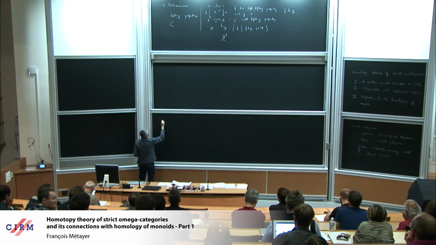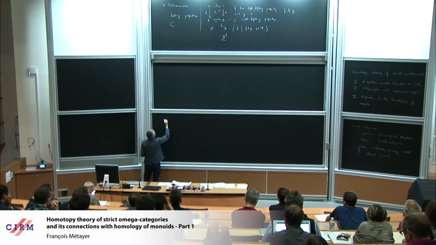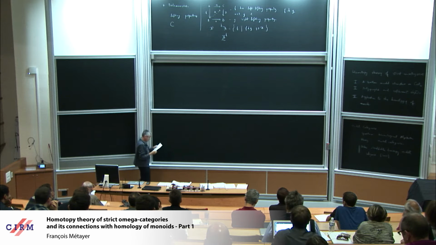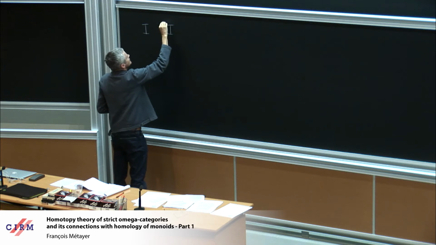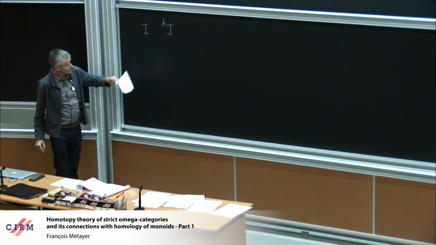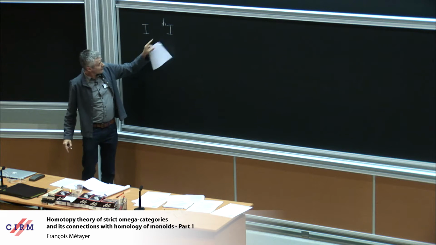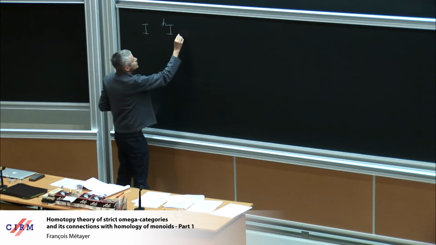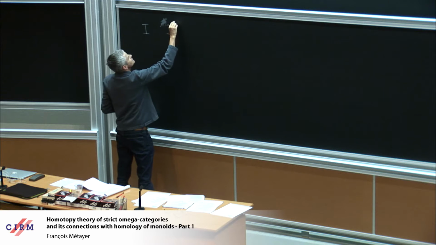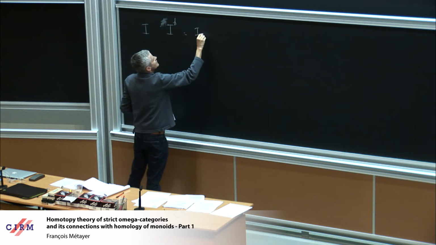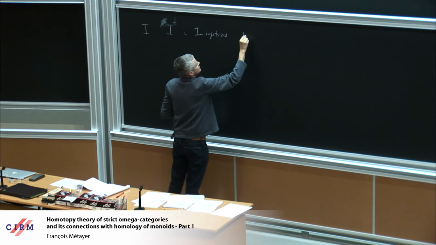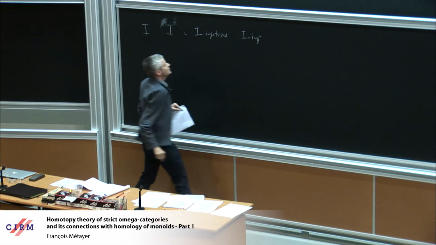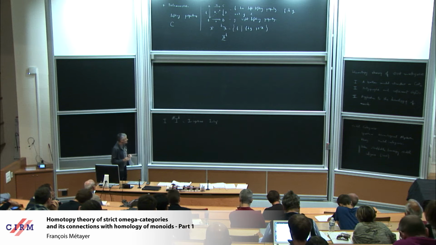So for the record, if you have a set of morphisms I, then those maps will be called I-injectives, and denoted like this.